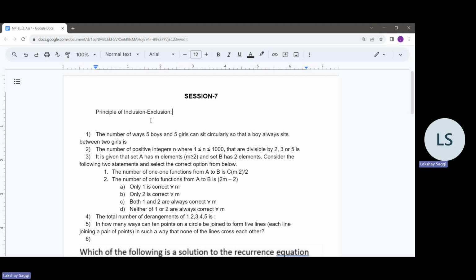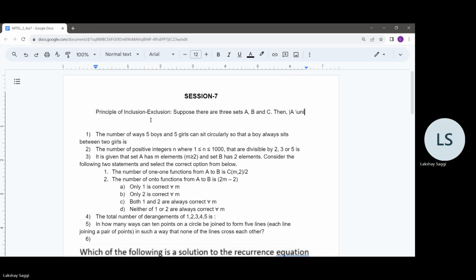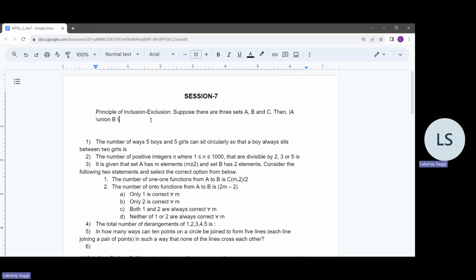So what is basically principle of inclusion exclusion? Let's say we just apply it for three sets. Suppose there are three sets A, B, and C. Then it helps us count the number of elements in the set A union B union C. And what is this equal to?